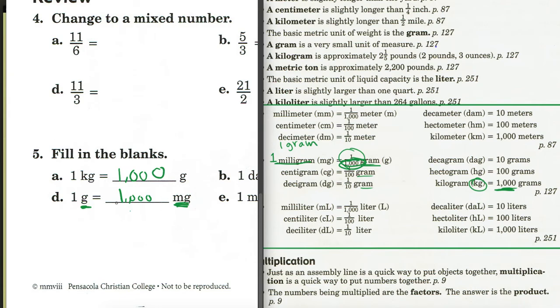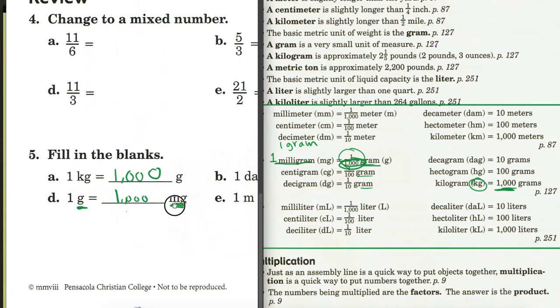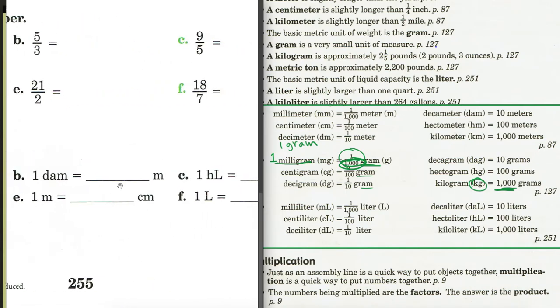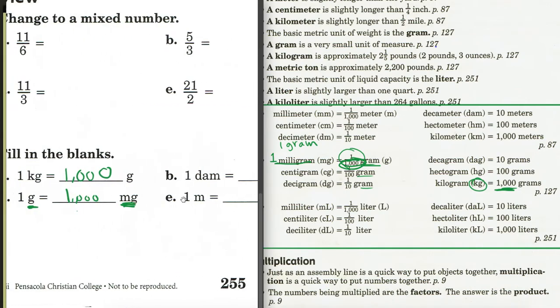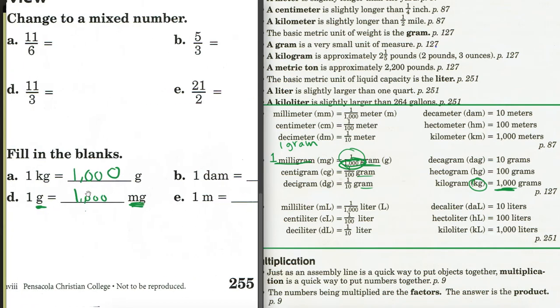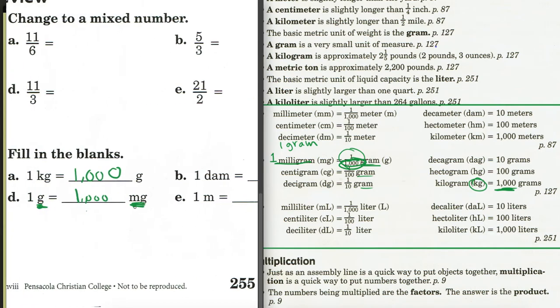So just make sure if it's going the opposite direction, if the base unit starts first and then it's asking you to convert to a different metric unit, then you have to switch it and look at it from a different direction.